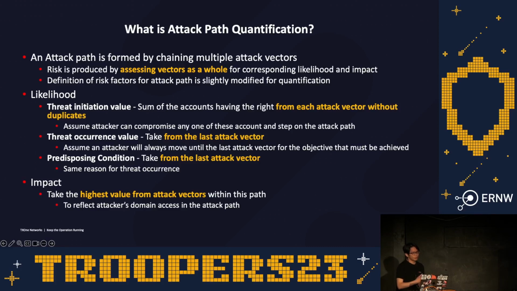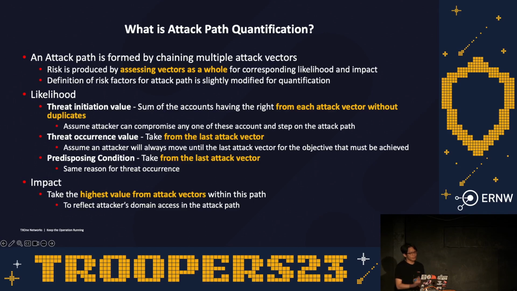So the risk is produced by assessing the vectors as a whole, chaining multiple attack vectors and looking for the corresponding likelihood and impact. Previously we covered the definition for the risk quantification for the attack vector. Now for the attack path, the risk factors will be a little different, slightly modified to fit the view for the attack path.